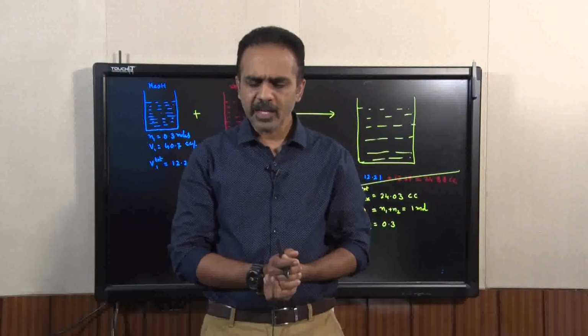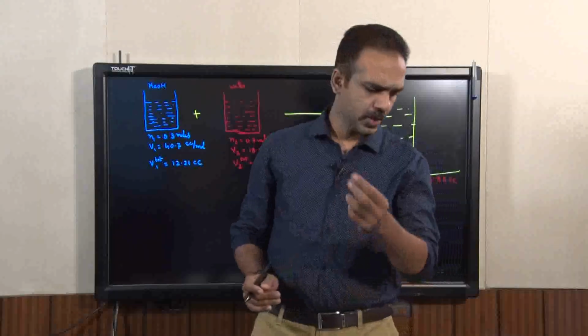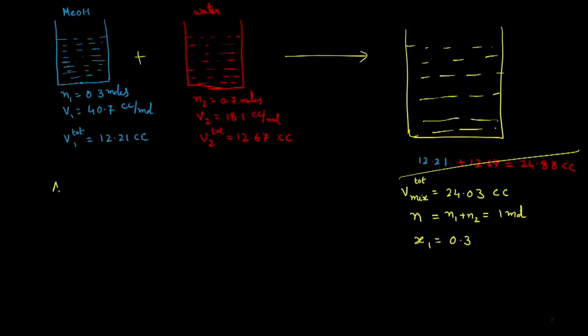Now, if I take this mixture and I decide to add a little bit more methanol to this mixture, let's say I want to add some additional number of moles of methanol to this mixture, a small quantity, 0.001 moles. Now this additional number of moles is going to contribute to additional volume, right? And that will increase the total volume of the mixture, right?